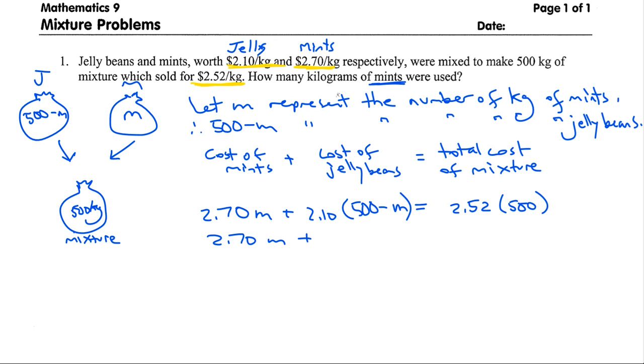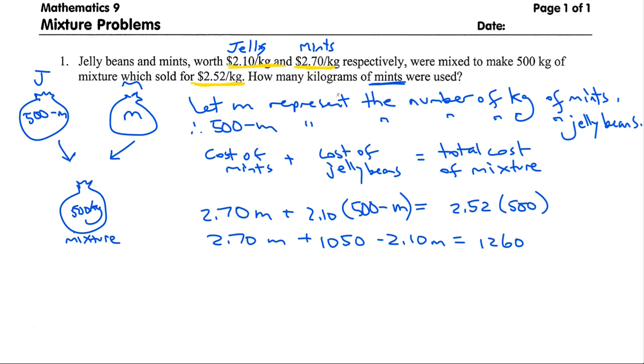2.10 times 500 is 1050, minus 2.10M, equals 2.52 times 500, which is 1260.